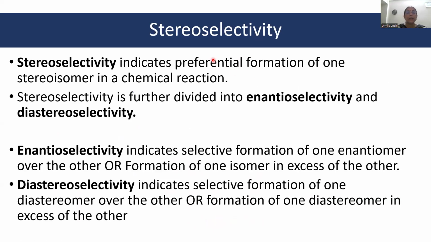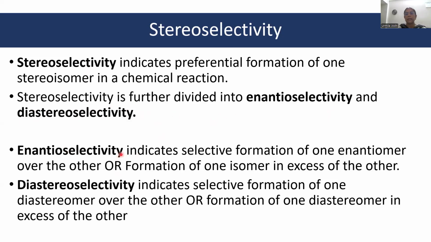Now coming to stereoselective reaction. Stereoselective reaction is preferential formation of one stereoisomer in a chemical reaction. Okay, now these stereoselective reactions are further divided into enantioselective reactions and diastereoselective reactions.